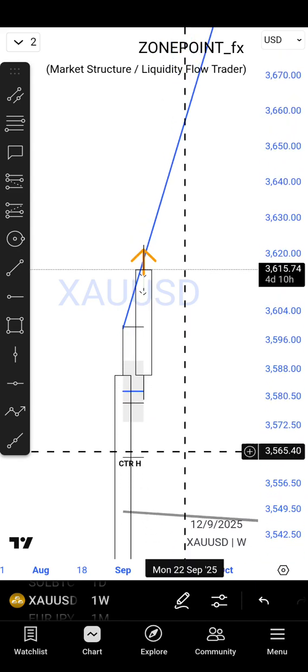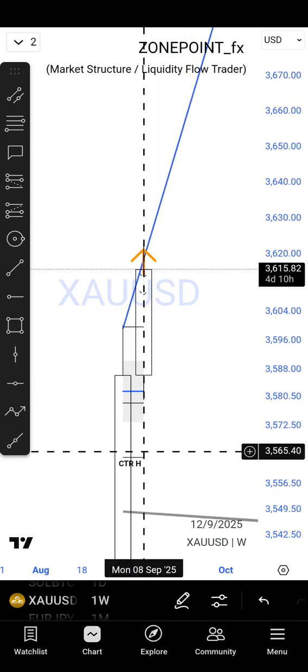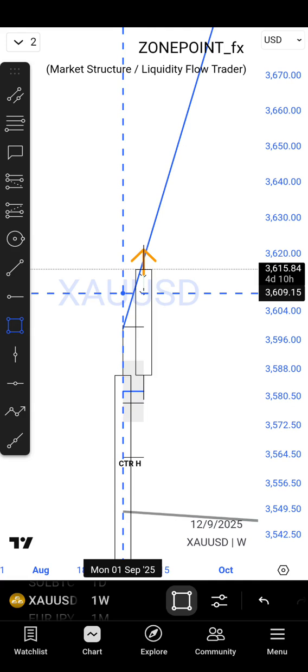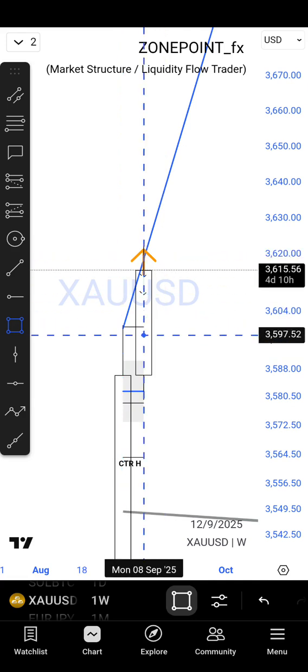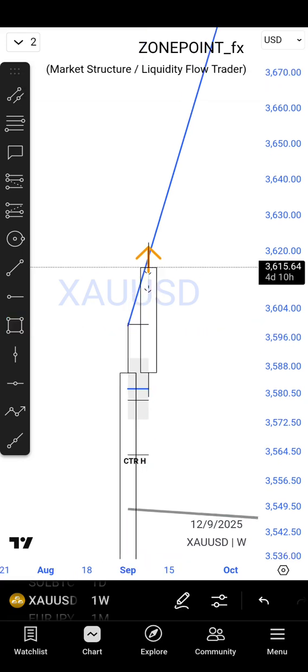This weekly candle, this is Monday, the market that opened on Monday, so there is no level at the top that we are expecting market to react from.